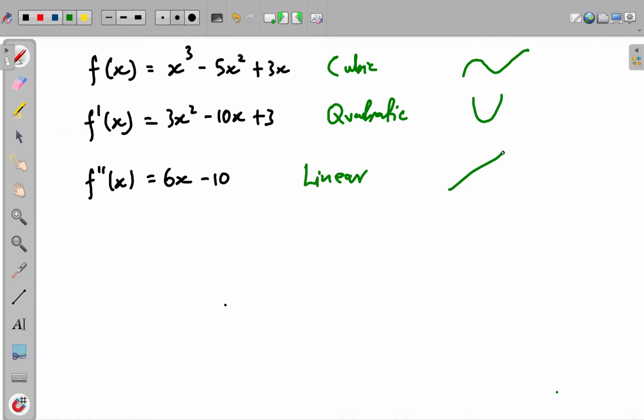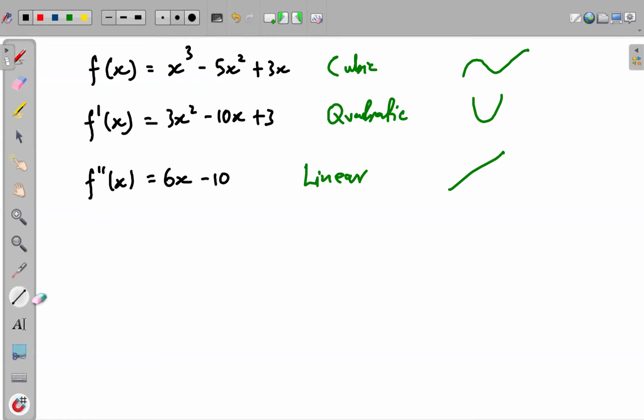It's actually interesting to note how the cubic function can be changed into a quadratic function and the quadratic into a linear. This relationship will be explored later on. You will see how important it is to note and know how these three are linked. Okay. Anyways, this is our second derivative.